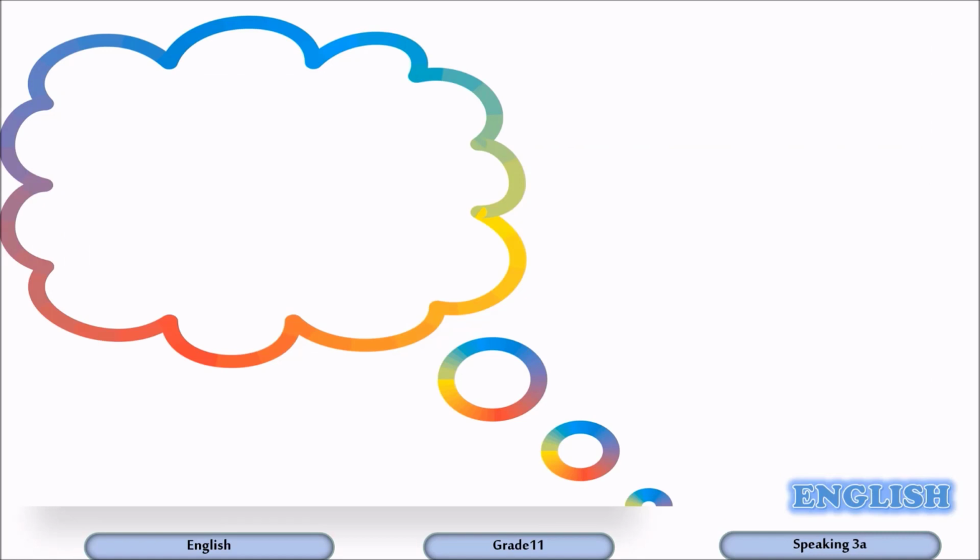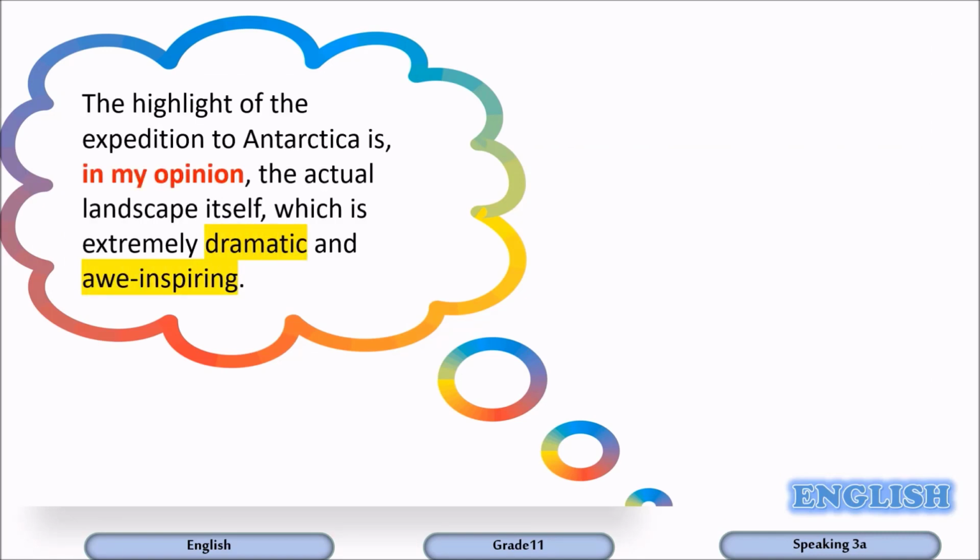Now let's share the answer about the key highlight. So the highlight of the expedition to Antarctica is, in my opinion, see here how the opinion phrase is placed in the middle. You don't have to place it in the very beginning. So let's repeat it.